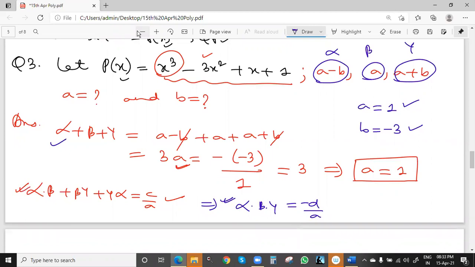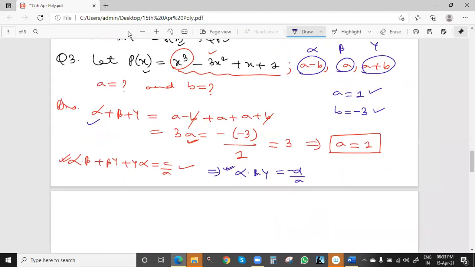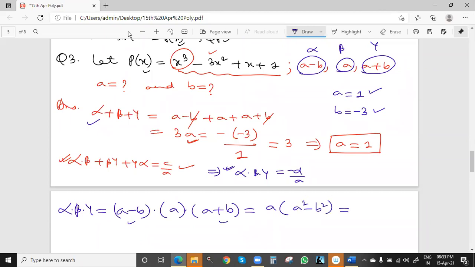Alpha into beta into gamma. Alpha is a minus b, beta is a, gamma is a plus b. So a we can take out, and a minus b times a plus b will be a square minus b square.